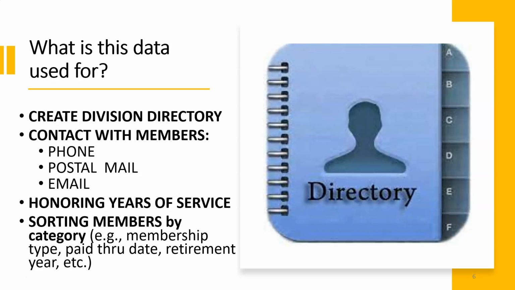Some divisions will use the date joined or the retirement year data from the spreadsheet to honor their members for their years of service and membership. Other divisions use the Excel file to sort their members by category, perhaps by membership type, either cash-paying members, dues deduction, or lifelong members, or even their paid-through date to put together notices about upcoming or lapsed membership payments.